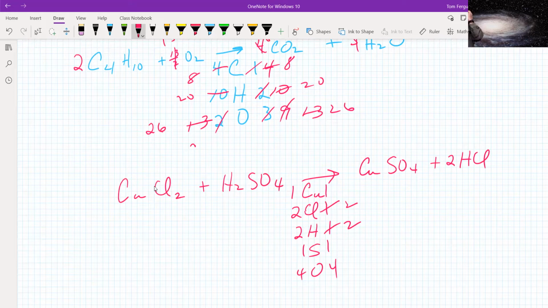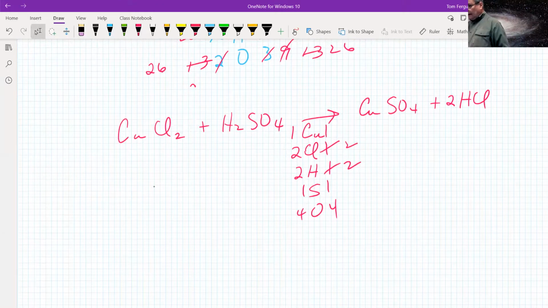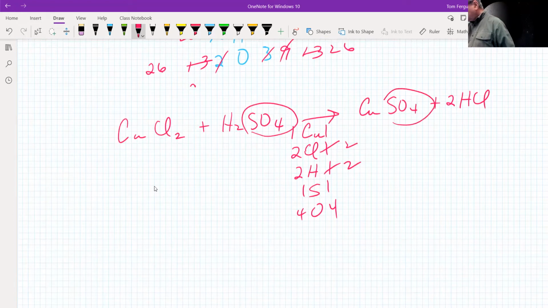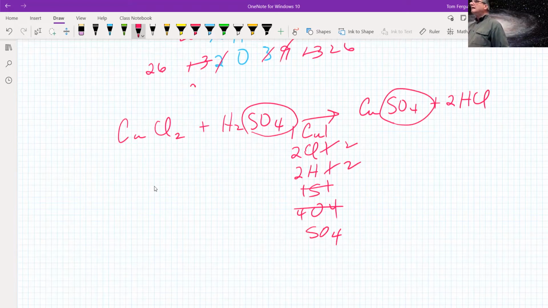Okay, I want to show you one other way to work this problem. If you have an SO4 ion on both sides, instead of splitting up the S and O like this, how many SO4s are on the left? 1.